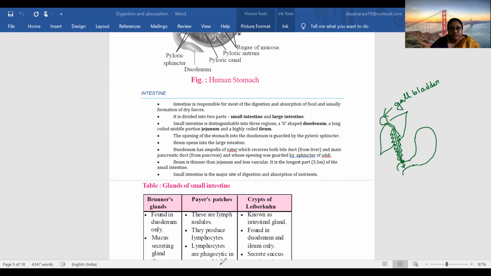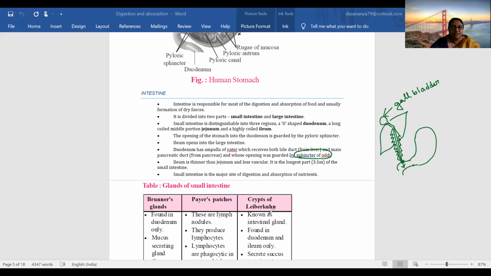This opening is again guarded by a sphincter which is called the sphincter of Oddi. So this sphincter of Oddi will decide how much of the bile juice and pancreatic juice should enter into the duodenum.